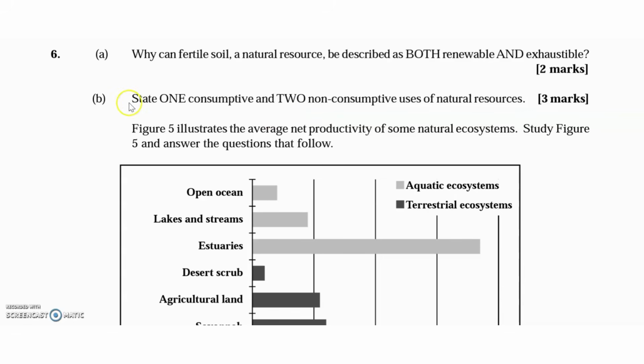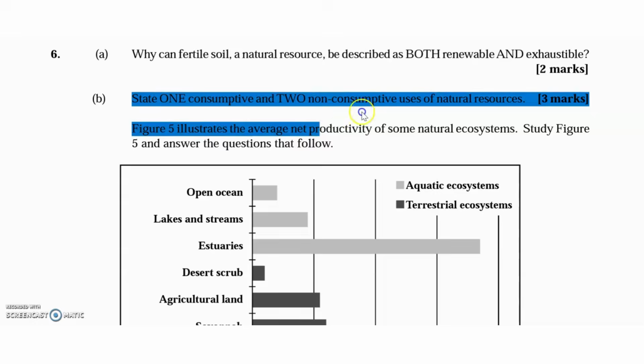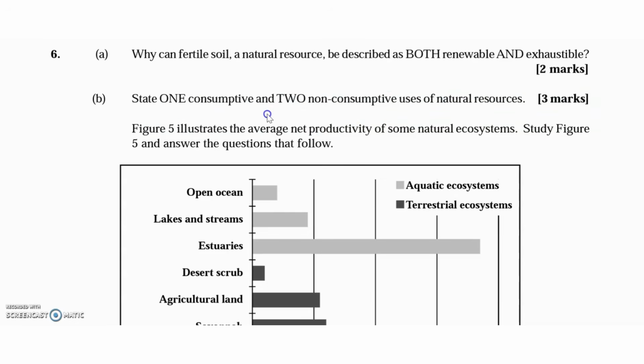Okay. Now, part B, state 1 consumptive and 2 non-consumptive uses of natural resources. All right. Now, 1 consumptive use of natural resources can in fact be associated with the extraction of minerals or perhaps the extraction of oil or natural gas from the ground. Or you could say logging, it is up to you, whichever one you want to choose.